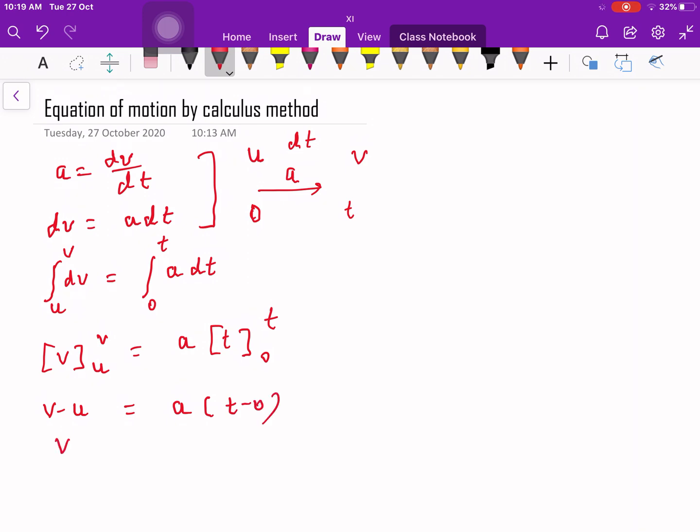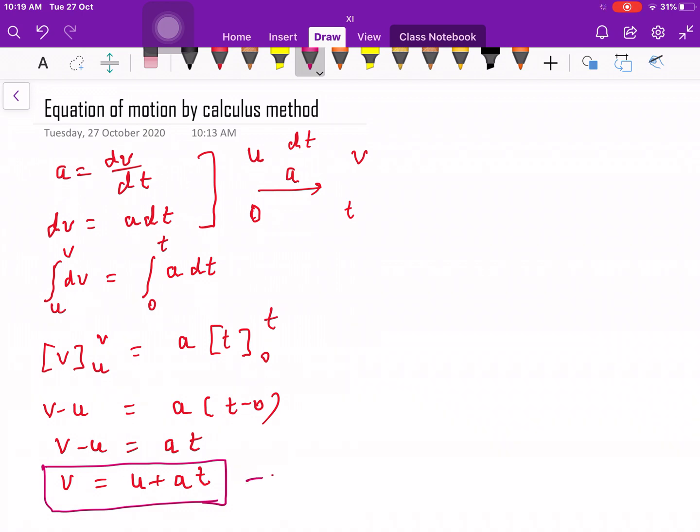So v minus u is equal to at, or we can say v is equal to u plus at, and this is our first equation of motion. I think we got it, equation of motion first.